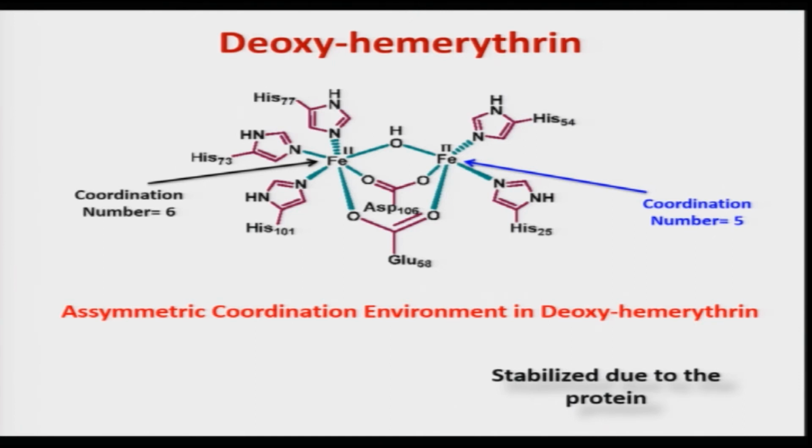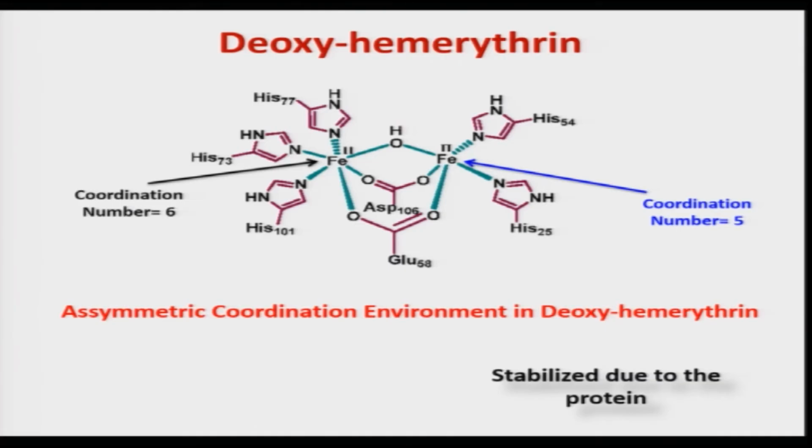As I have said, 3 histidine moieties are ligated to iron 1. In contrast, only 2 histidine moieties bind to iron 2, and aspartate and glutamate bridge between these 2 iron centers, and both the centers are iron(II).